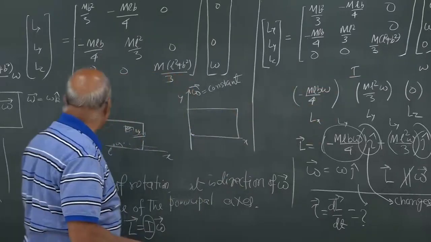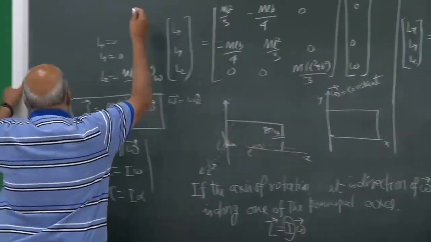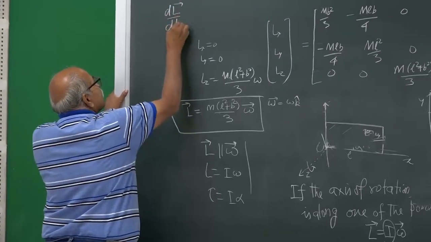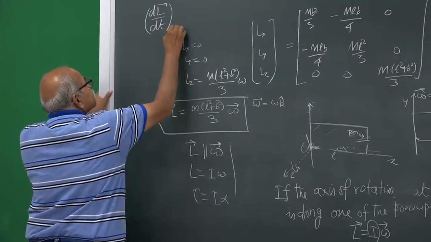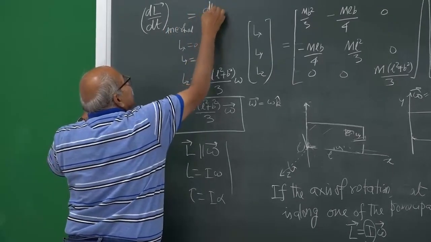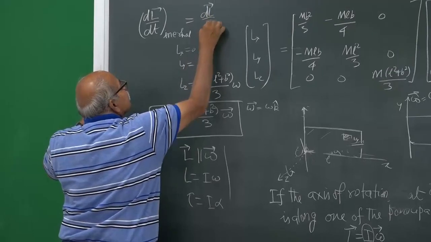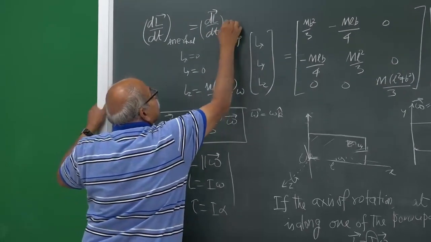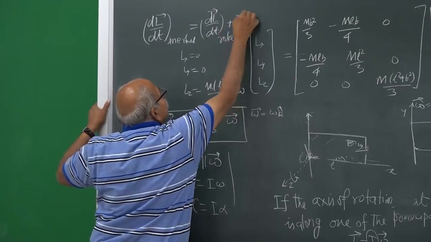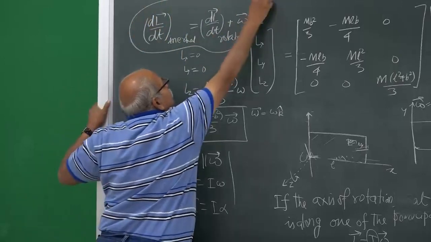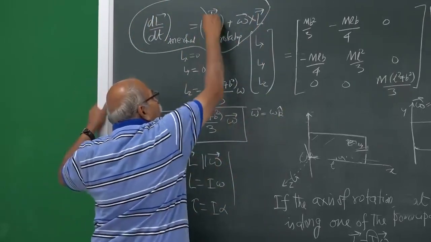So we had this very important relation: dL/dt in the inertial frame is equal to dL/dt in the rotating frame plus omega cross L. In our case this first term is 0.